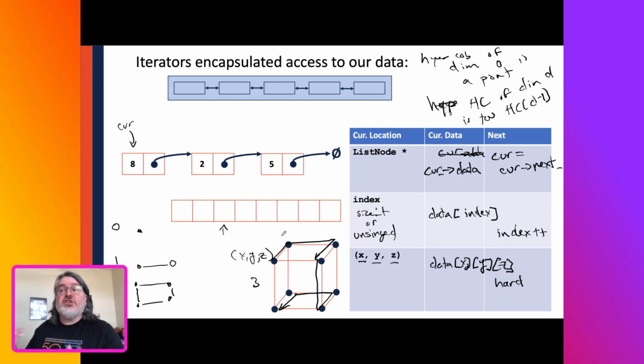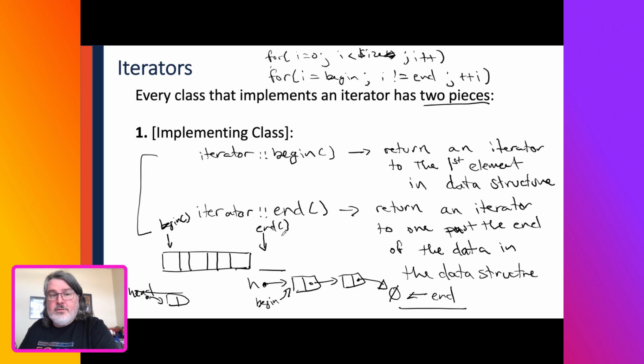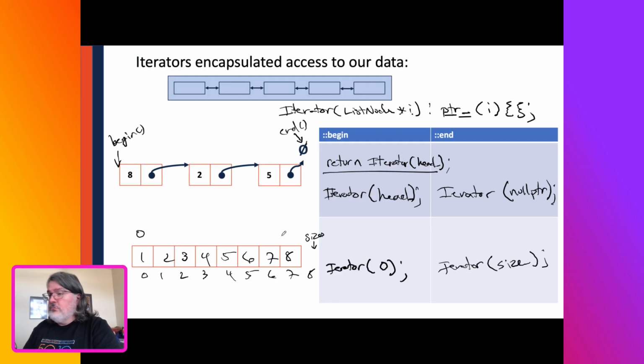Well, this is the question that an iterator is solving. It is providing one interface that works whether you have a hypercube or a tree or a map or a hash map or whatever. That's the thing it's solving.